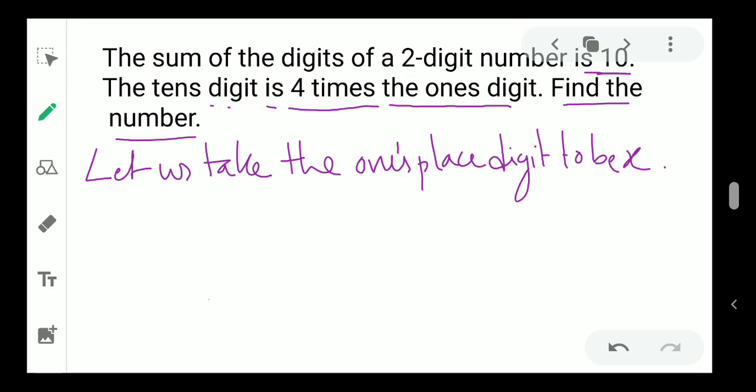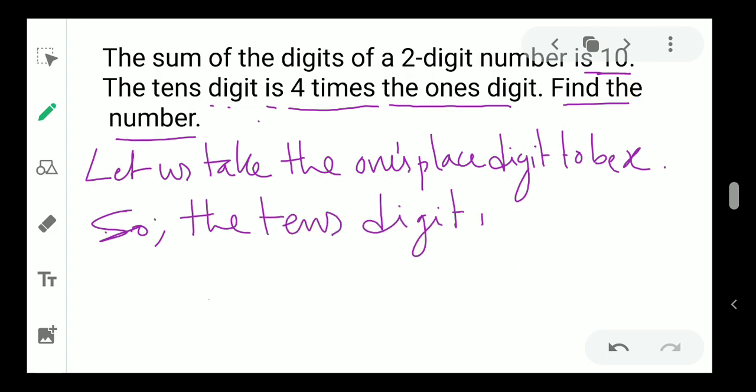Read the condition: the tens digit is 4 times the ones digit. Therefore, the tens digit is 4x. 4 times x, that is 4x, right?